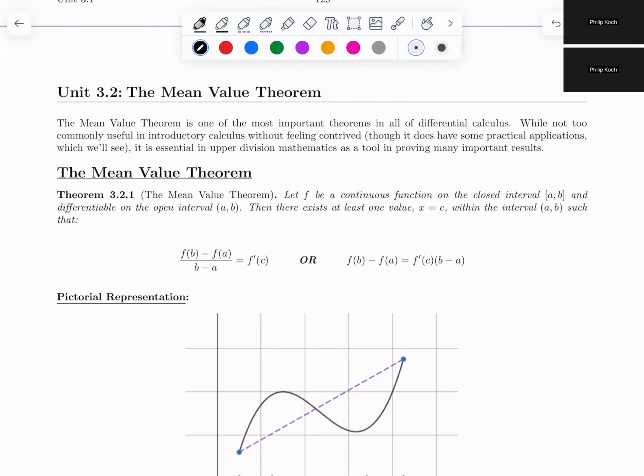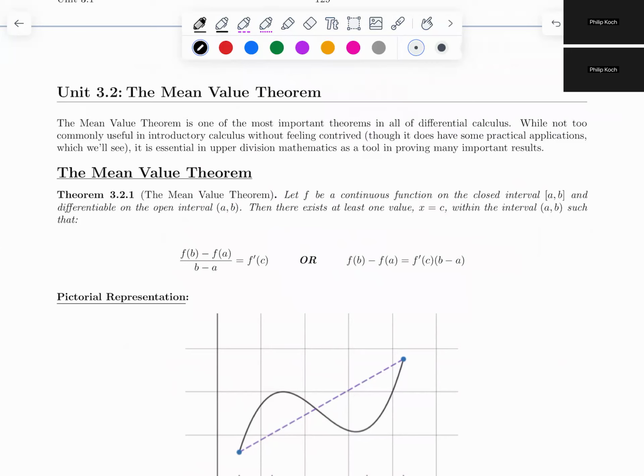But what I do want to talk about is the fact that the mean value theorem is very, very important in proving things. There's a section in real analysis, which is the main course you take in your fourth year of undergrad, and then you take it a bunch in grad school. Basically, there's a mean value theorem for everything.